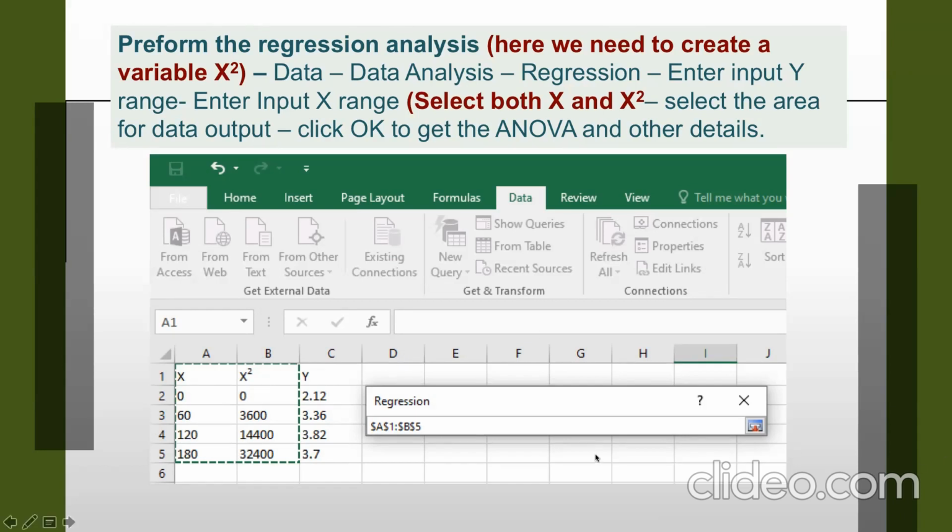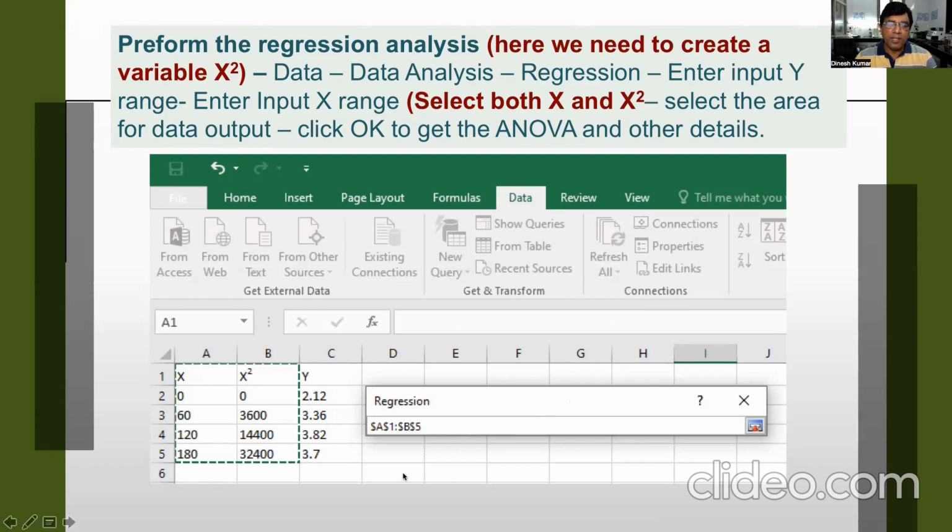Now, as usual, you can go to the data, and in data you will find data analysis. In data analysis, you can go to regression. In regression, first of all, you will be asked to insert the input Y range or input X range, whatsoever it is.